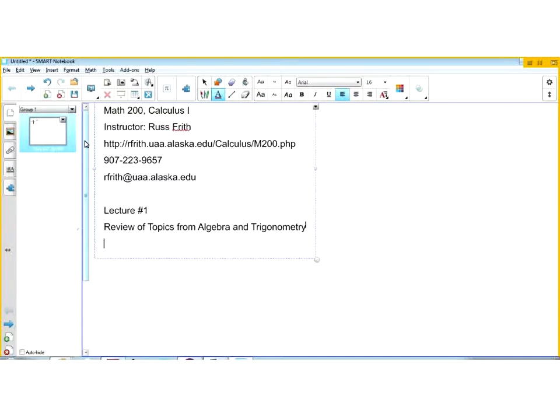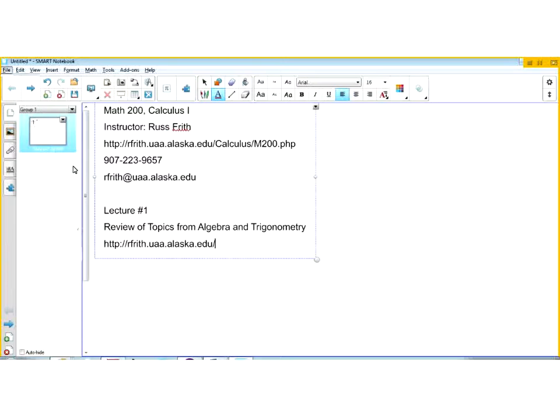If you go to my home page, you'll find links to my algebra and trigonometry notes, and you may want to refer to them on occasion as a reference for some of the topics that I may not have time to present in class. As we get to these topics, I will point you to the reference links, and you can do that at your leisure. I don't anticipate that you would have too much difficulty accessing those and refreshing yourselves on those topics.